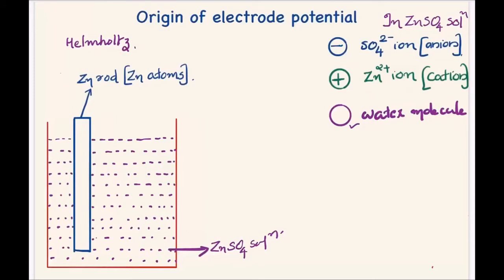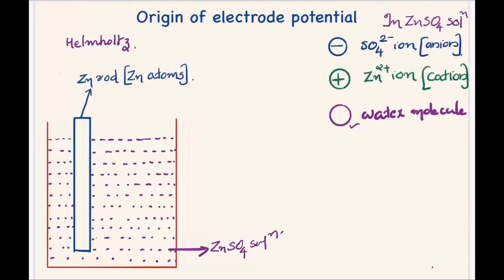As per Helmholtz, this famous scientist, all metals have a tendency to absorb negatively charged particles. The reason: in a metal, the surface will have a charge density creation which attracts negatively charged anions.